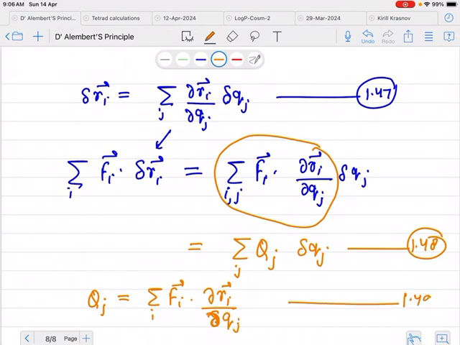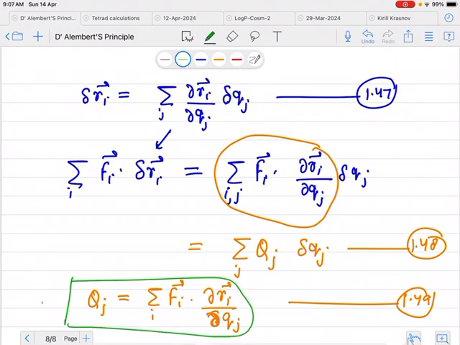This is equation 1.49. The Qs need not have the dimension of length, and not necessarily the dimension of force. As I told you, torque becomes a generalized force when angle becomes a generalized coordinate.